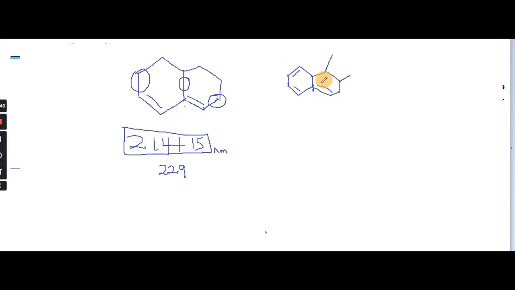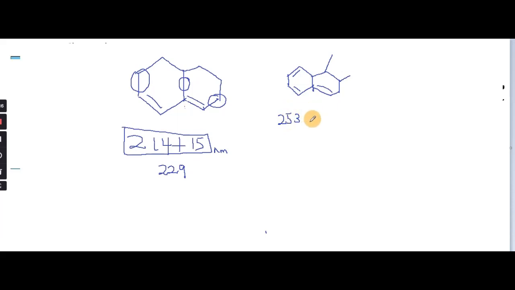In this system, we can see both a cis system and a trans system. So which one are you going to take as the base value? Well, when you have both cis and trans in the same compound, because the cis absorbs at a higher wavelength, we give priority to the cis conformation. So you are going to take the base value of the cissoid, which is the one in the first ring system. So the base value of the cissoid here is 253 nanometers.